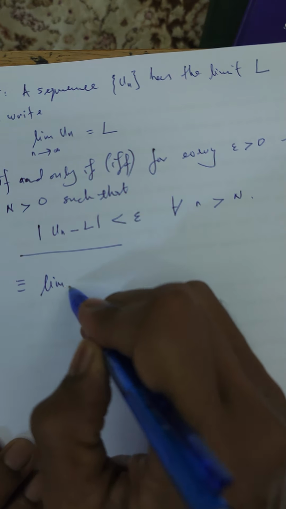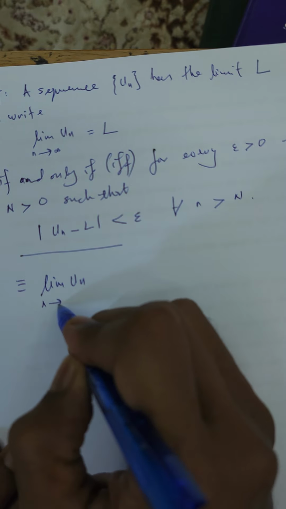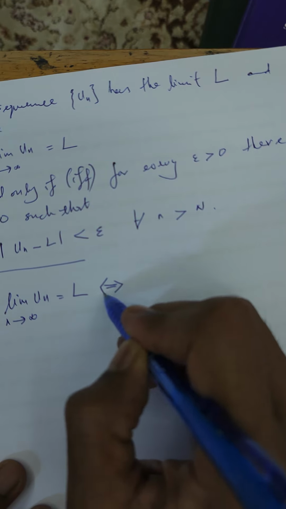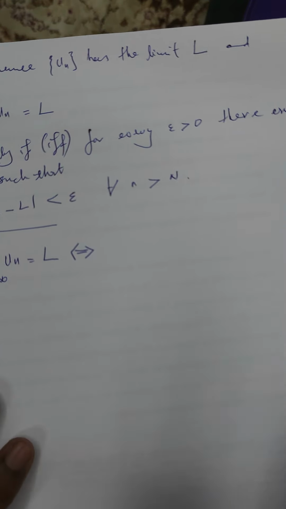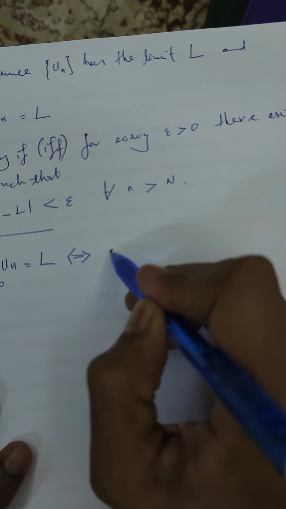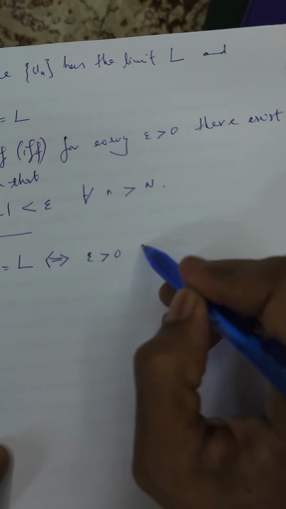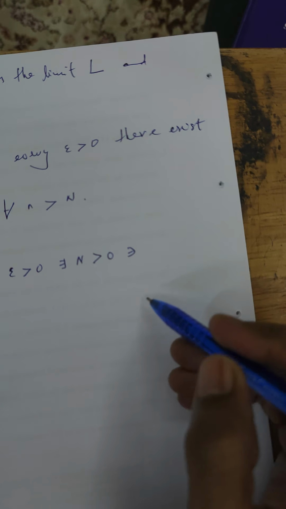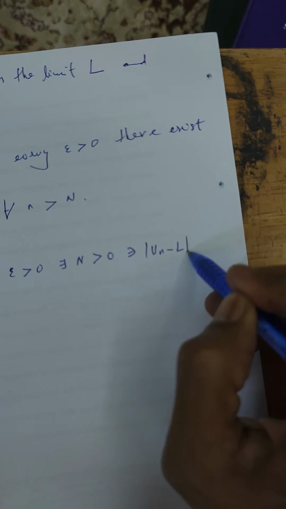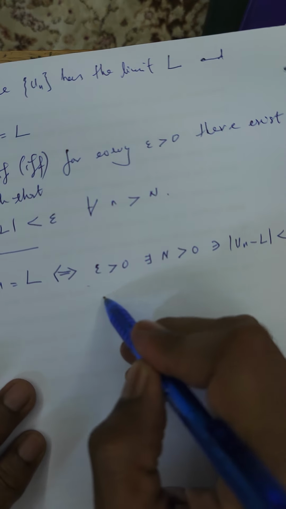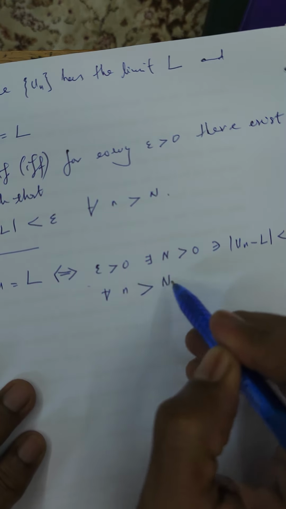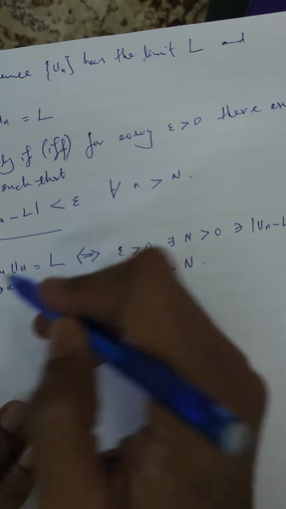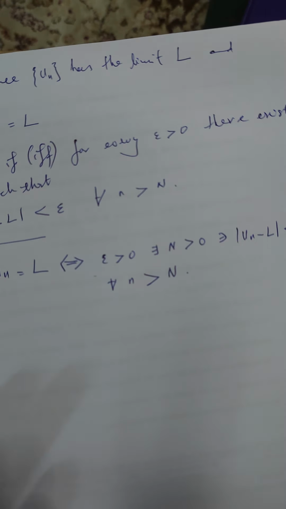So we have the limit of un as n goes to infinity equal to L if and only if, for every epsilon positive, we can find N positive such that |un minus L| is less than epsilon for all small n greater than capital N. So you need to know this definition.